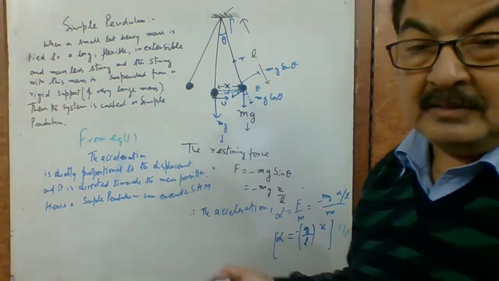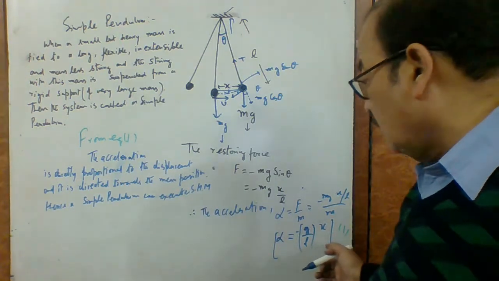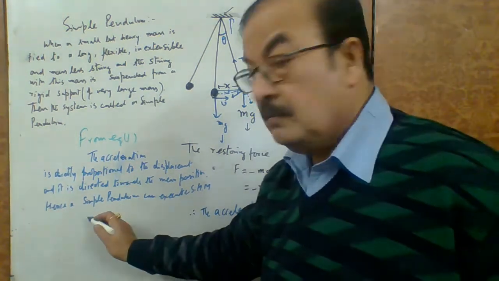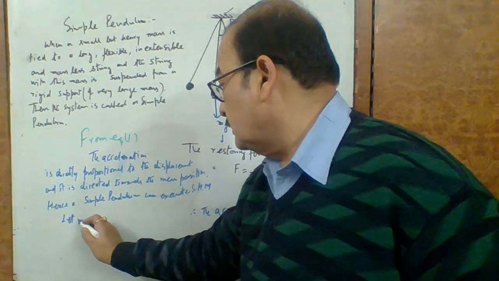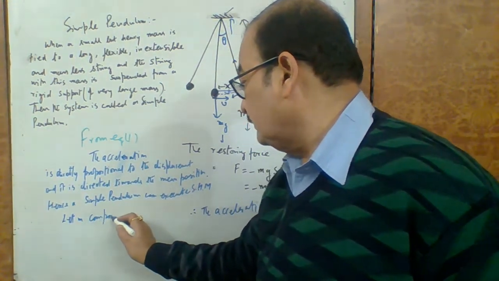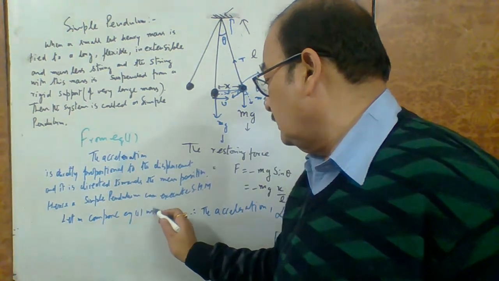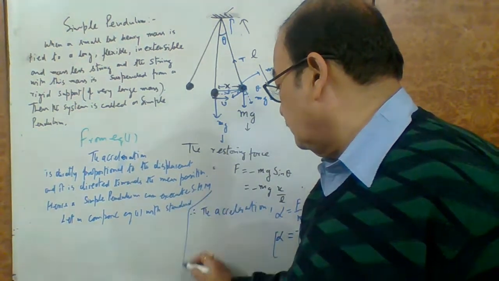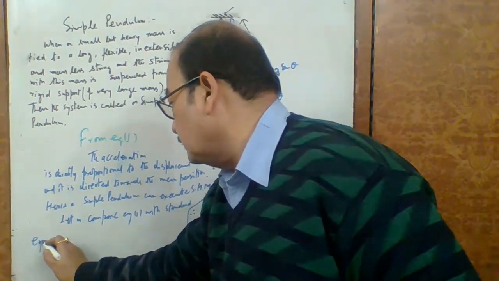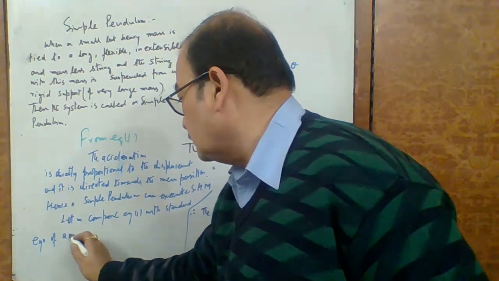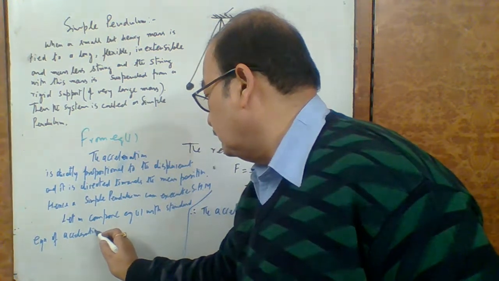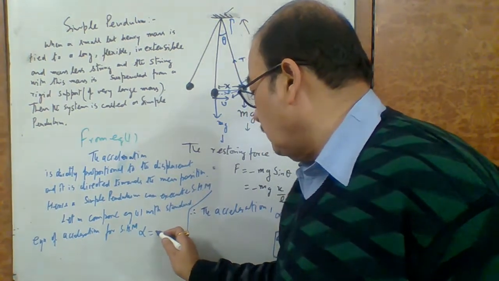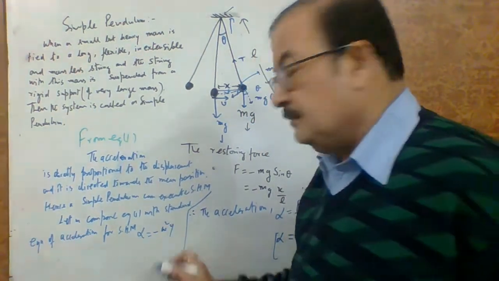Whenever we have this thing, it is very natural that we can compare equation number 1 with the standard equation of acceleration for SHM, that is alpha equal to minus omega square y.